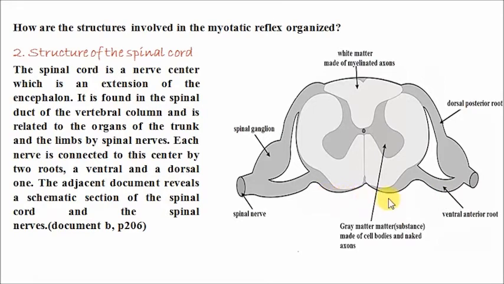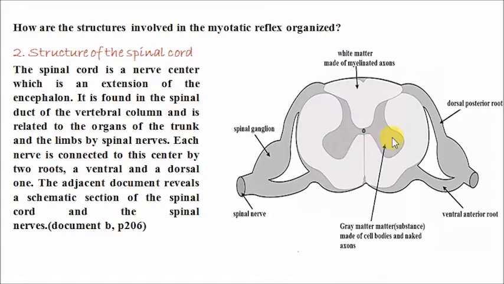Now let's have a look at the structure of the spinal cord itself. But before I go to the spinal cord structure, let me call your attention to the spinal ganglion. As you would observe, this structure here, which looks like something round, is referred to as the spinal ganglion, which is found in the dorsal root. It has a role which we're going to discover later. Back to the spinal cord structure. If you observe the middle here, you're going to see a butterfly or a letter H structure.